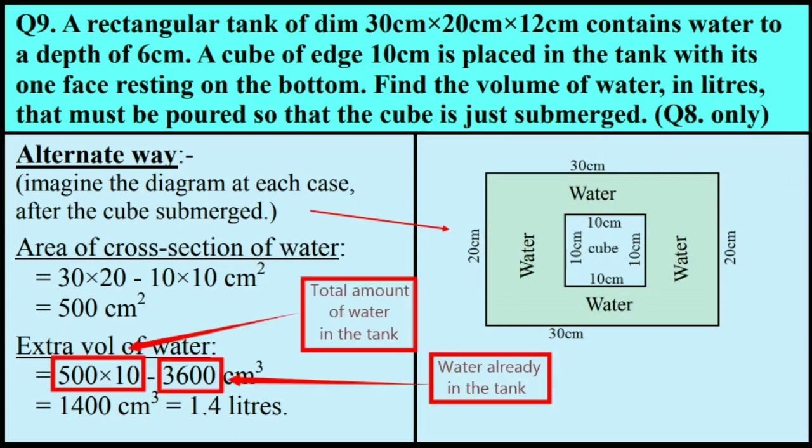Now the extra amount of water is the total water contained in the tank minus the water already available in the tank, and in both the cases we find that the area of cross section of the water is the same, hence the solution becomes very easy.